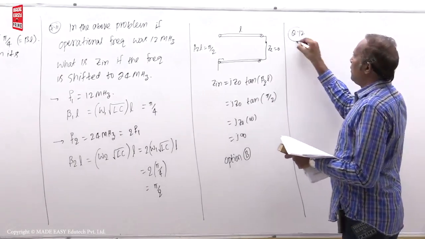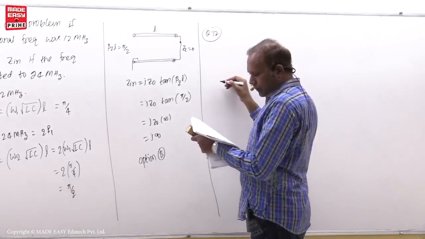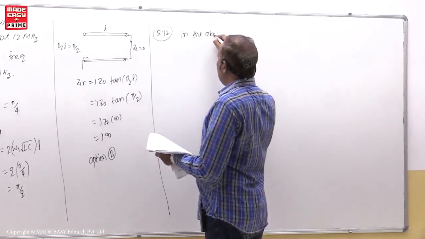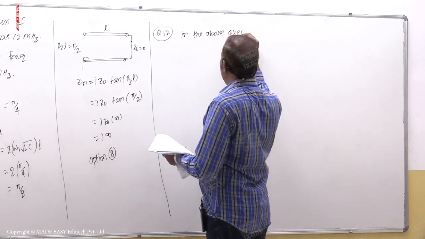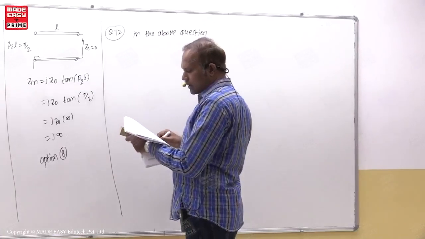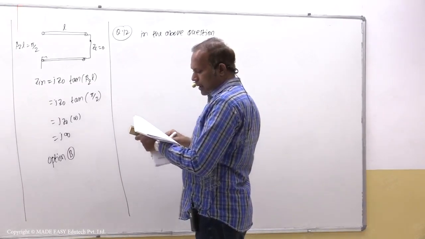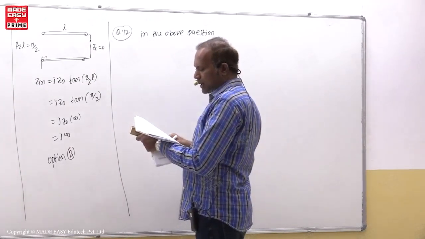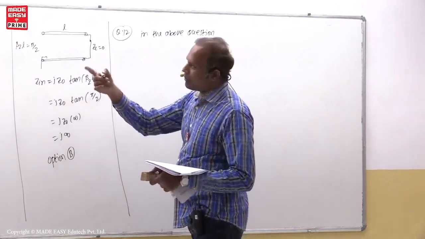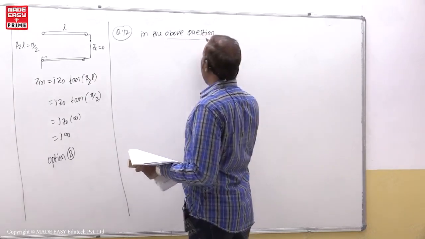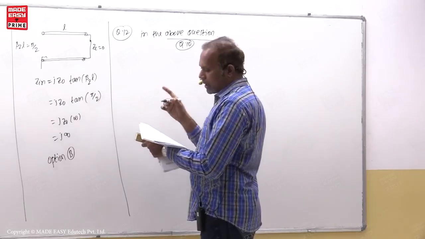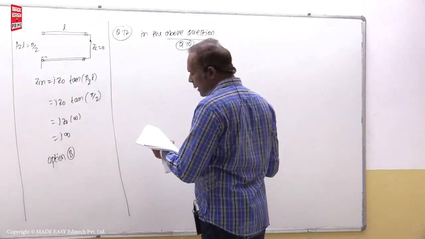So question number 12. In the above question, what is the equivalent inductance at the input terminals at 12 MHz? That means this 12 MHz is a reference to question number 10, student. In the above question means question number 10. How do I know? Because in question number 10 only the frequency was 12 MHz.